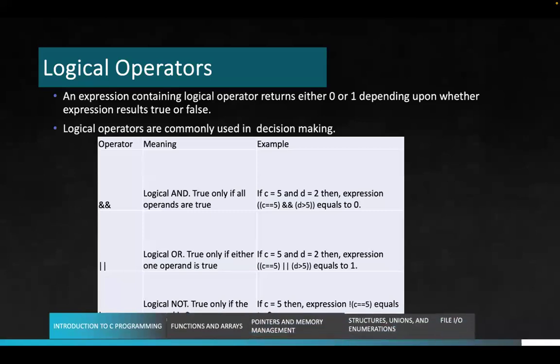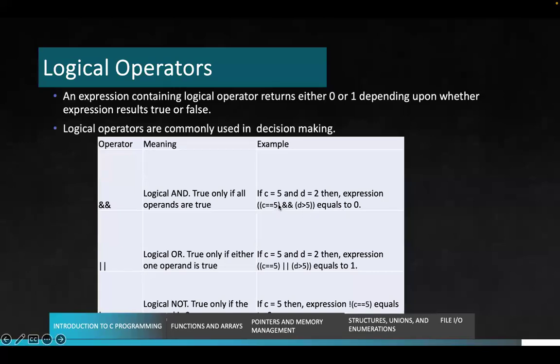Next is logical operator. This logical operator will tell you about an operation between two operands. If you use double ampersands, it is nothing but logical AND. Example, if C is 5 and D is 2, then C == 5 && D > 5 is equal to 0.